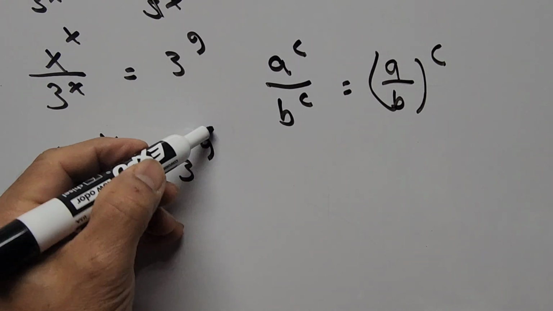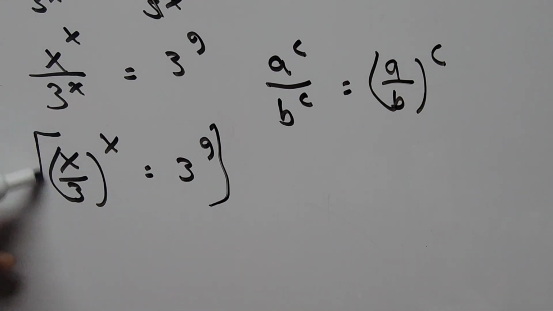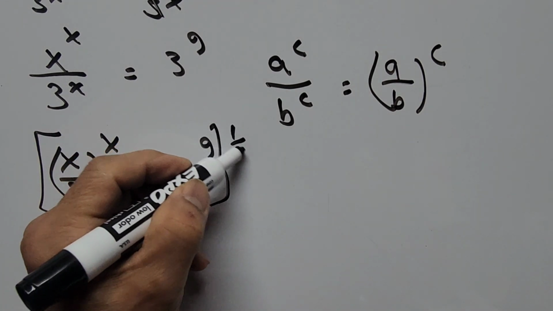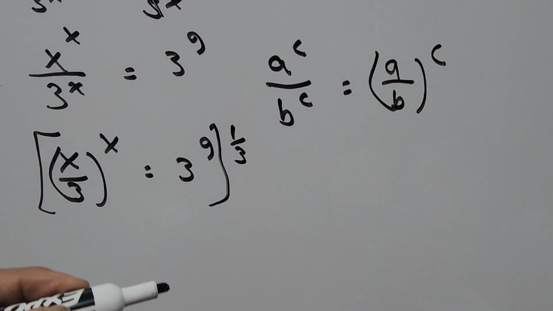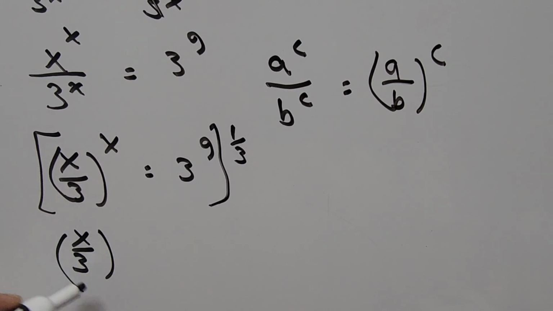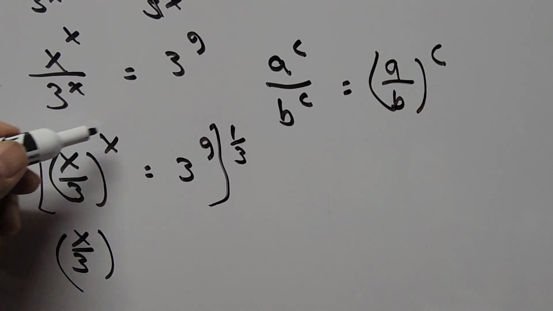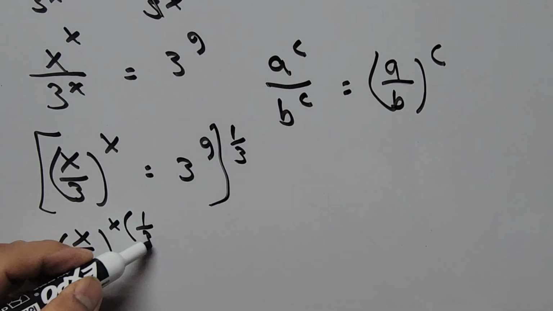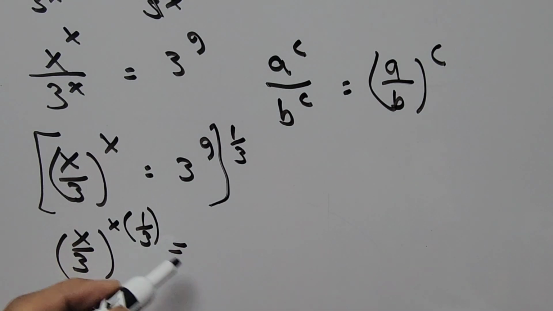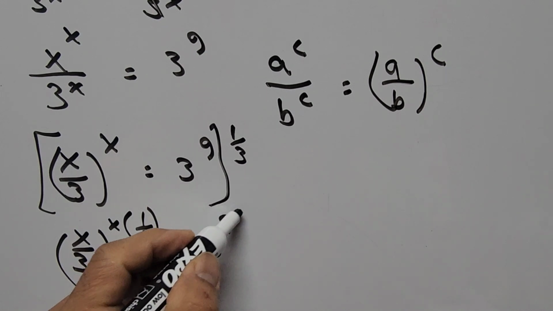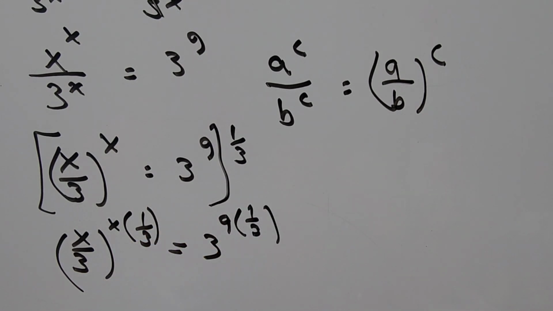Well, what we do here is raise the whole equation to the exponent 1/3. Will that do anything? Now the left-hand side becomes x over 3 as the base raised to x times 1/3, and it's equal to the right-hand side, 3 to the power of 9 times 1/3.